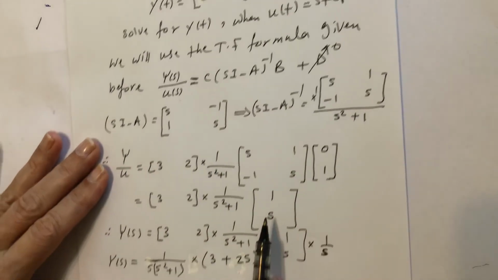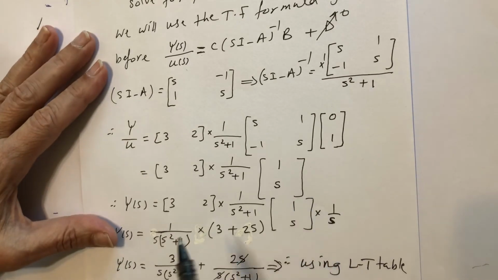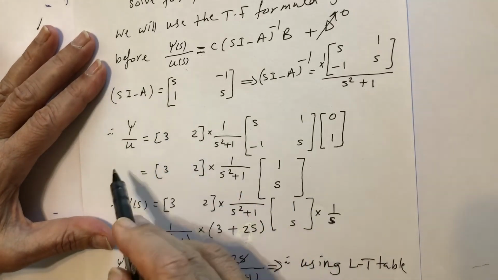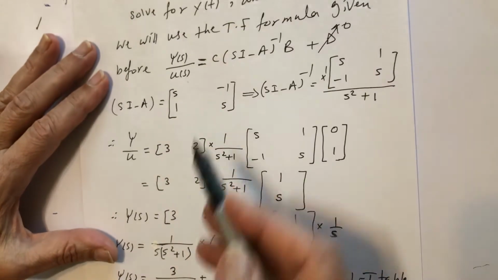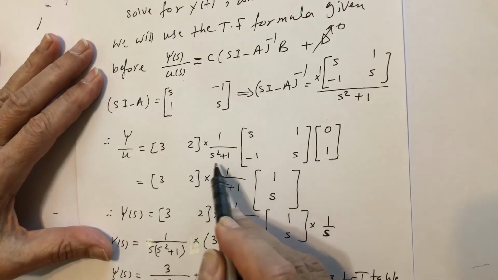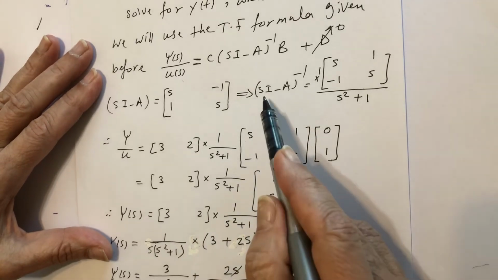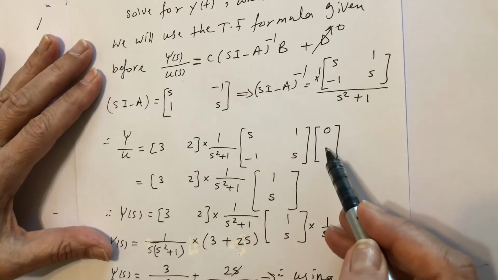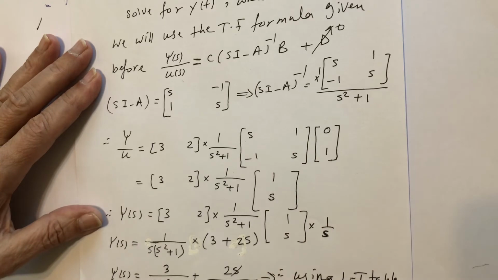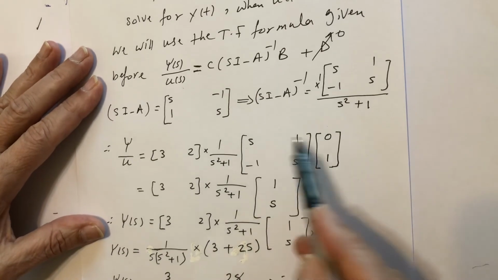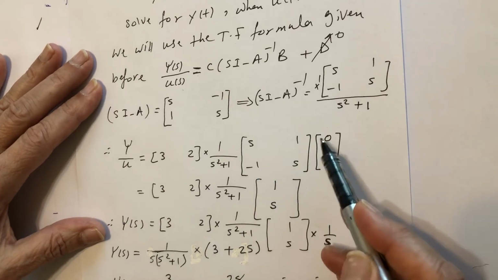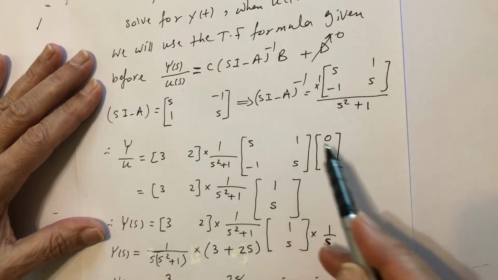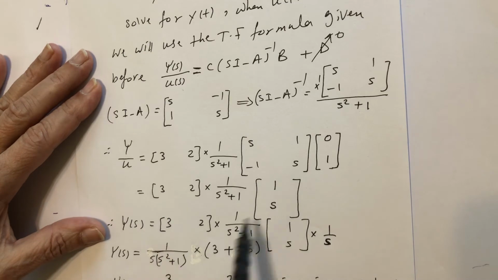So now we write the transfer function y over u equals 3 2, which is given to me. This is C, and 1 over s squared plus 1, and this is sI minus A inverse, and times B, which is 0, 1. I multiply this times this 0, plus this times this 1, so this is 1, this times this 0, plus s times 1 is s, so I have this.